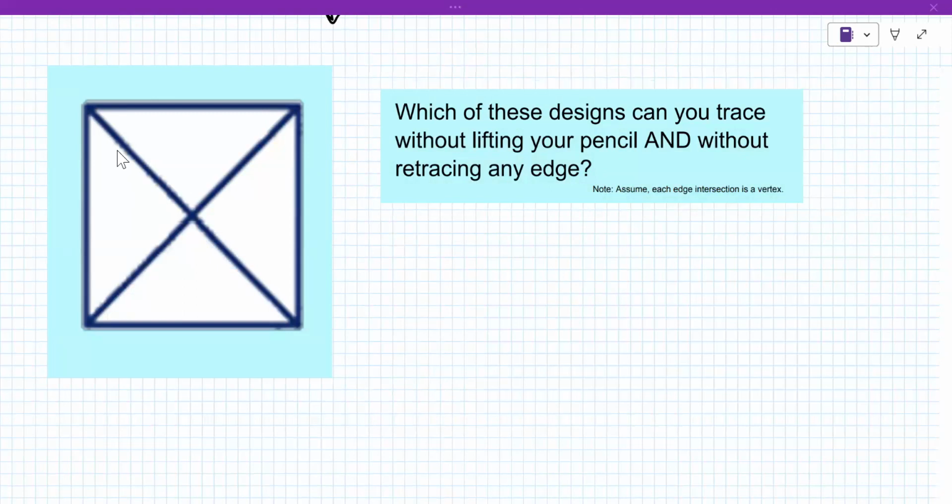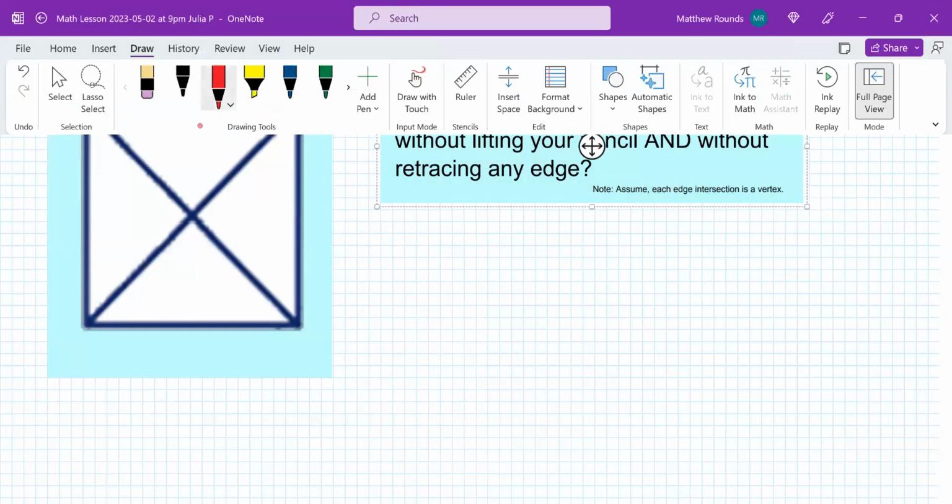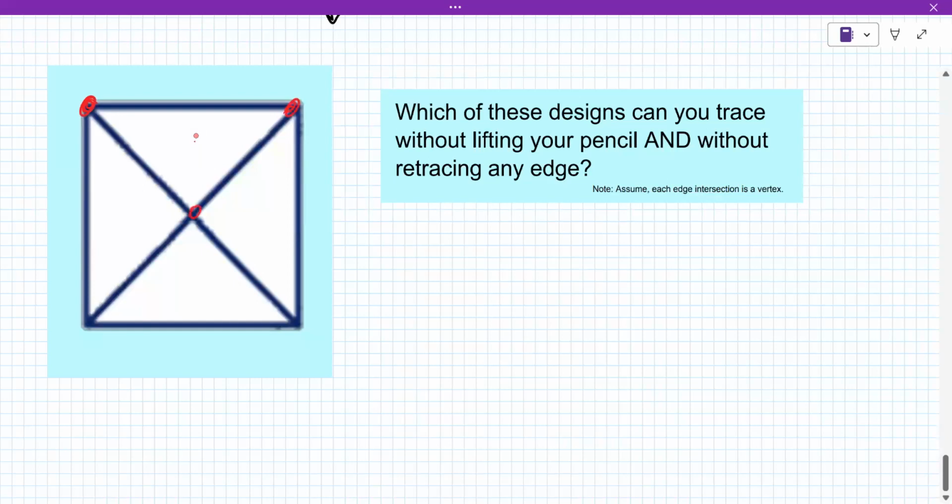Okay. So are you guys counting vertices? Yes. Okay. So there's 5 vertices in this problem. What does that tell you, if anything?